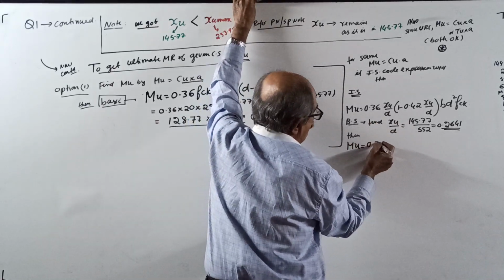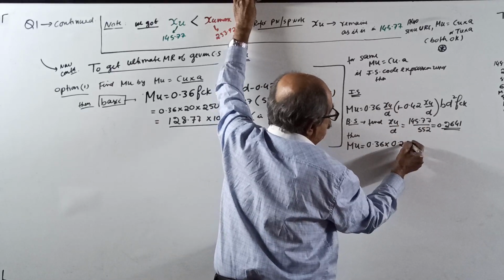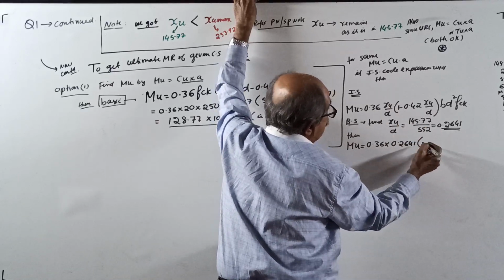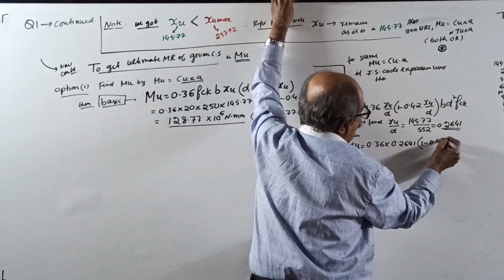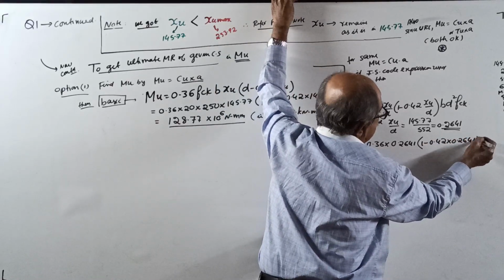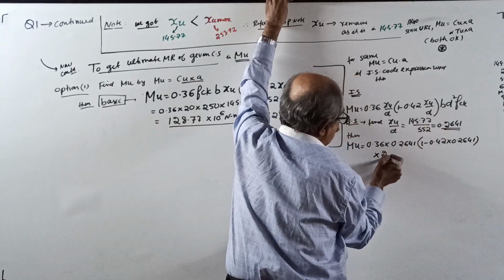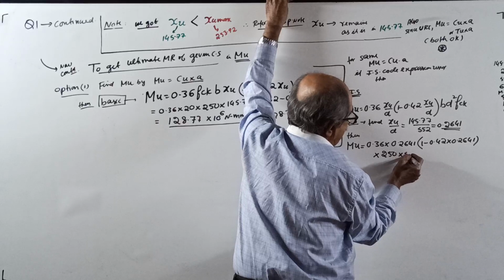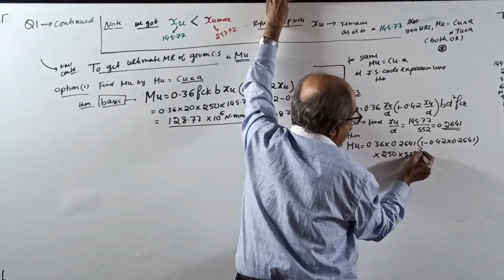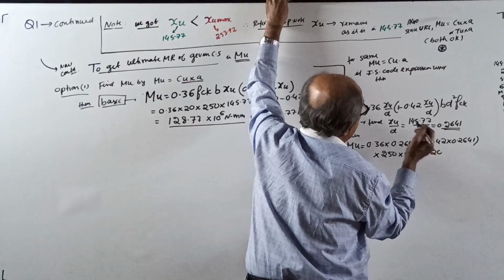Then Mu equal to, if you go to the IS code version, 0.36 into 0.2641 into bracket 1 minus 0.42 into 0.2641, into b which is 250, into d square which is 552 square, into fck which is 20.